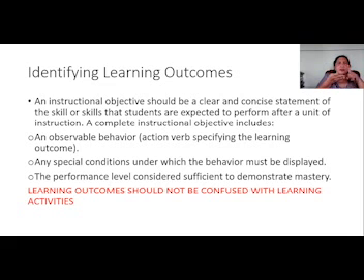The C is the condition under which the learning must happen. And the D is the degree of proficiency expected of the students. All right? So any objective that we have formulated has to show the action verb, the condition, and the performance level.